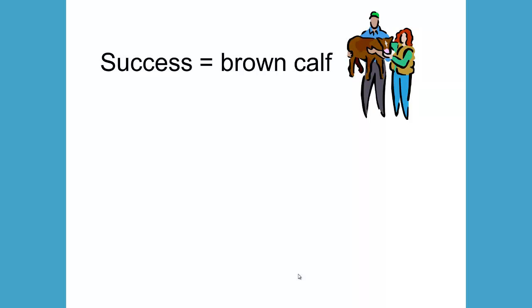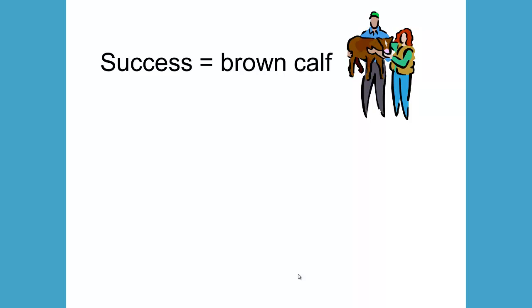It is the language that is used in statistics. So when you do a binomial, start with labeling what your success is. Your success may be a bad part, an incorrect answer, having a boy child, or in our case, a brown calf. It is what we're looking to happen.